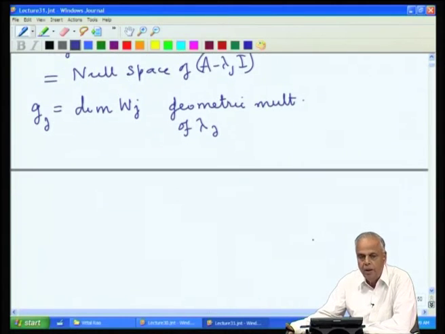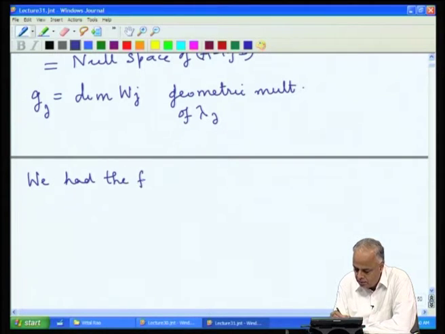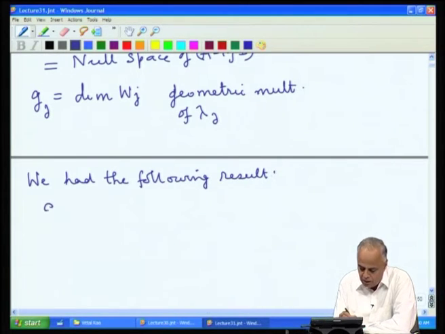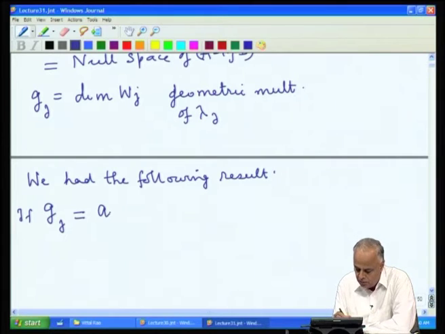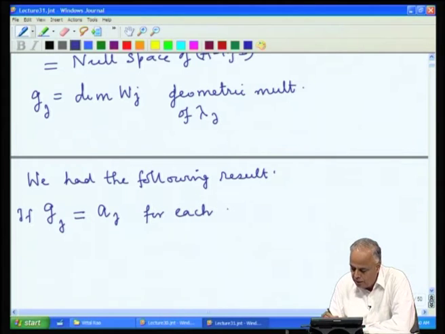What we observed in the last lecture was this result: if the geometric multiplicity of an eigenvalue is equal to its algebraic multiplicity, and this happens for each eigenvalue lambda j.